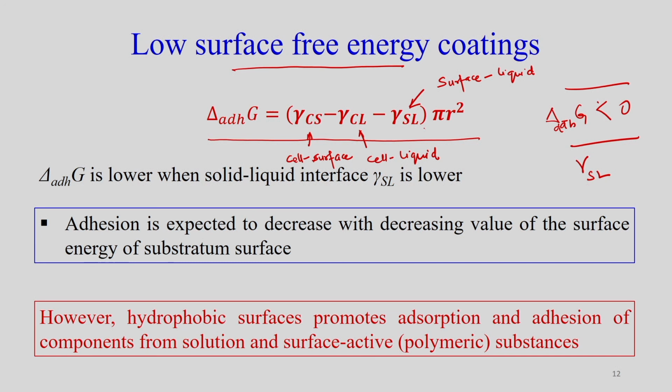But at the same time, if you are decreasing the surface energy, it is expected to decrease the Gibbs free energy of adhesion. So, in this way, by tuning the surface energy of the solid surfaces or the implant surfaces, we can tune the spreading or adhesion. Typically these low surface energy surfaces are the hydrophobic surfaces.